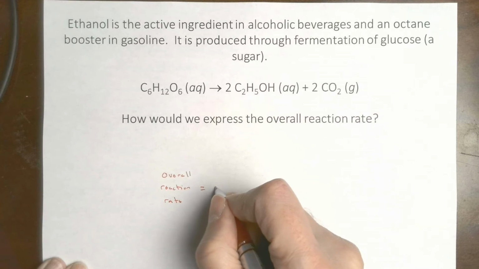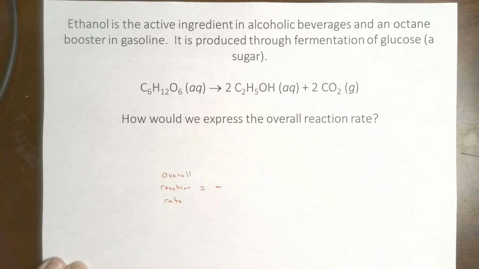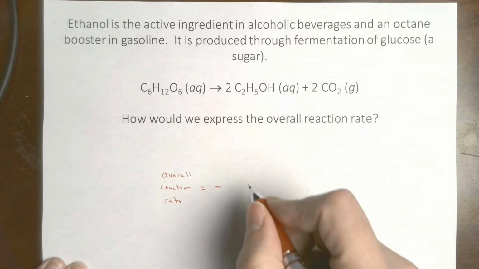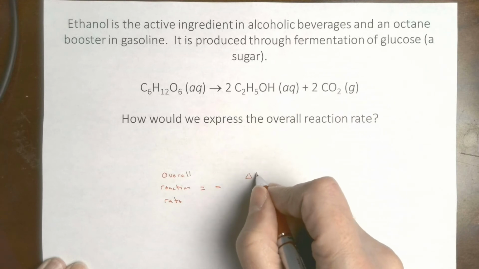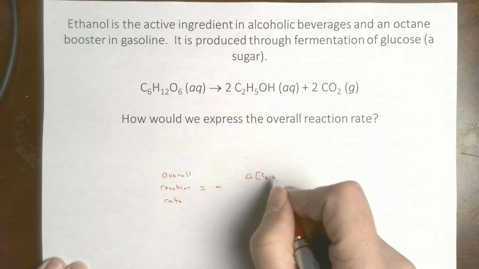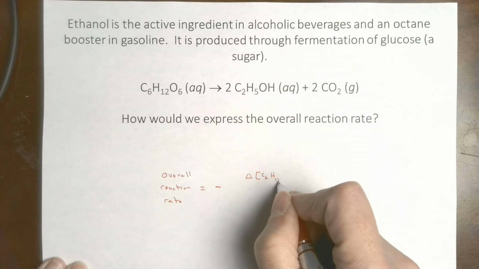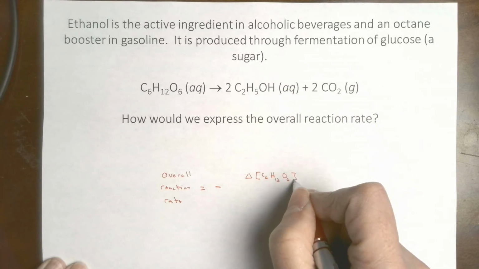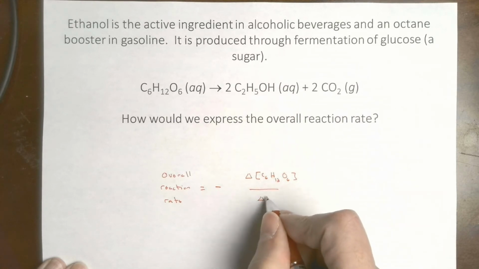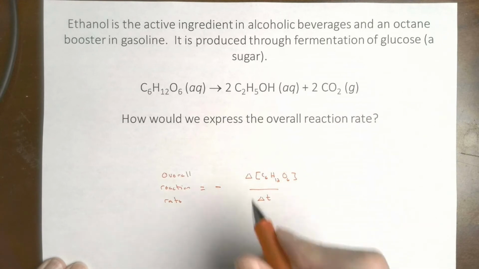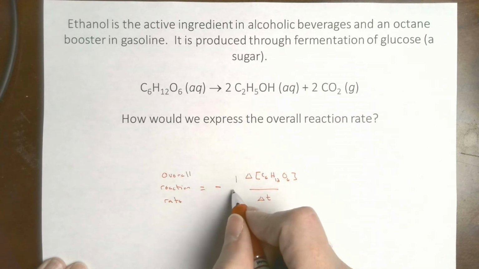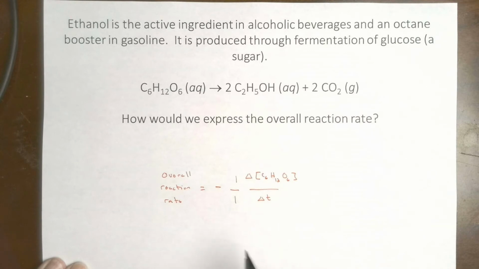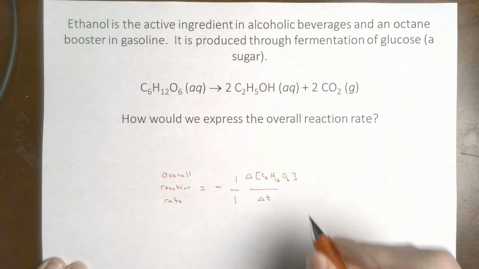First of all, it's going to be negative, okay? Negative change in concentration of glucose, C6H12O6, over change in time, multiplied by a factor of 1 over 1, where the denominator 1 comes from the balanced chemical equation.